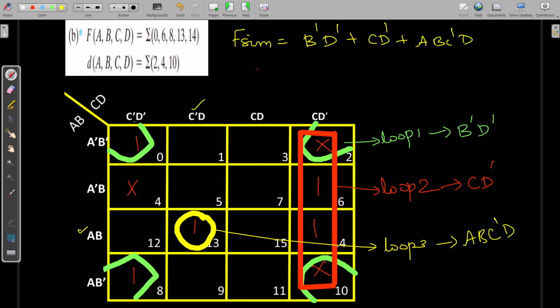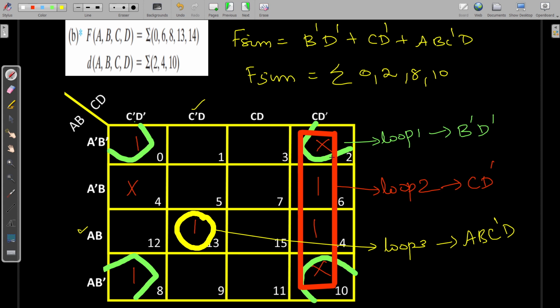but the answer should be in minterms, right? We have to write it in minterms, so it is sigma. This b dash d dash covers 0, 2, 8, 10.